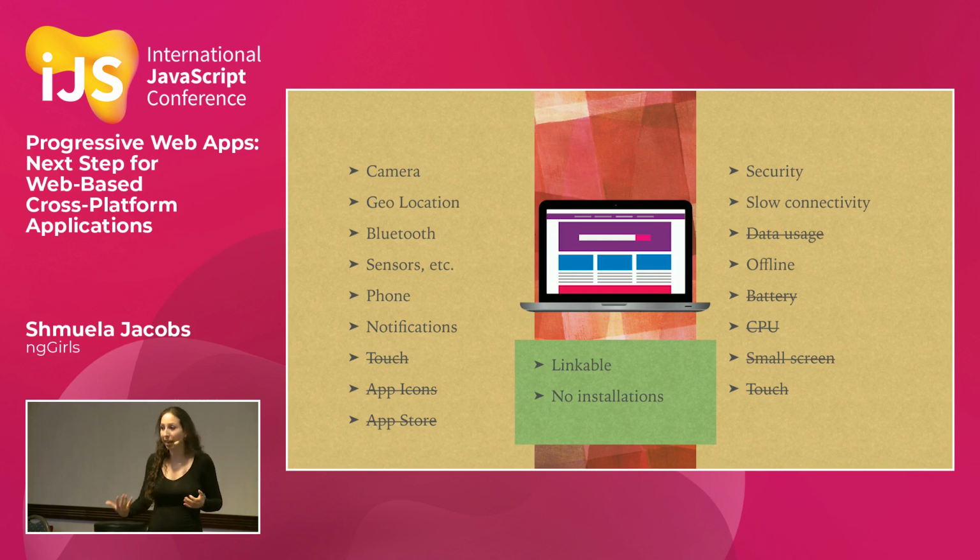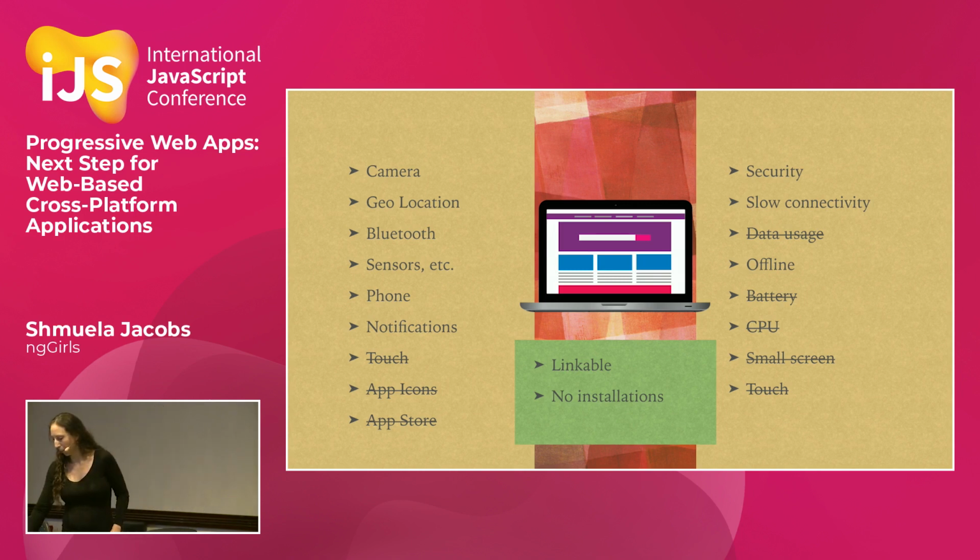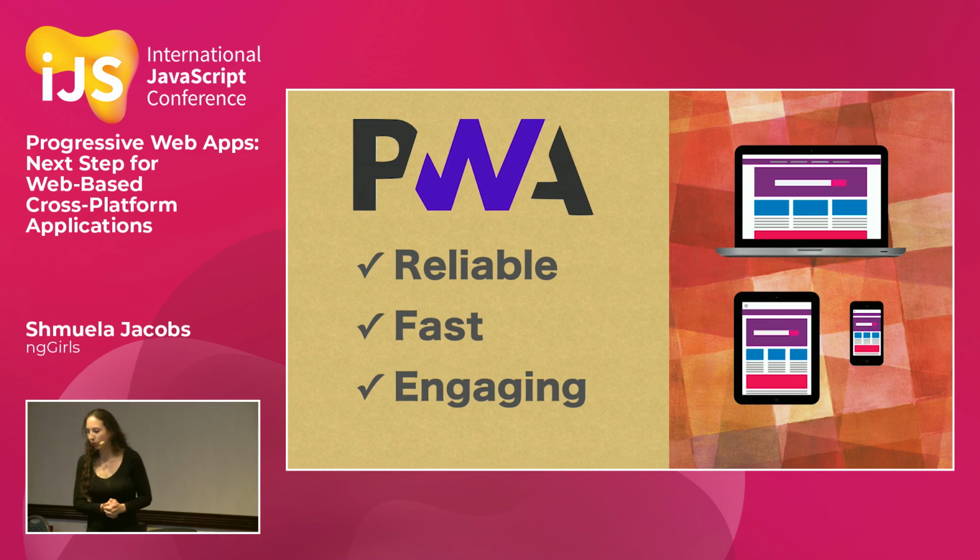And if you're using cache, then all these files will be also saved in your computer for a faster load. Okay, so when we talk about progressive web applications, there are three characteristics that are the main ones that we usually refer to: reliable, fast, and engaging.